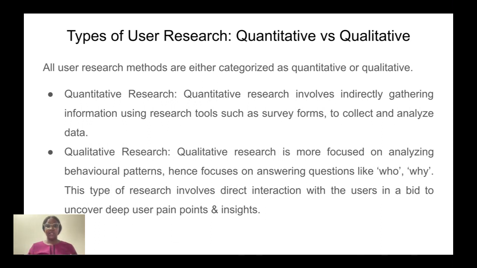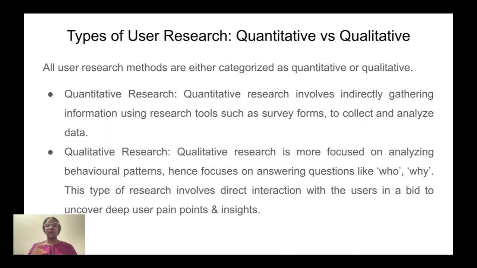There are different pools that you can conduct quantitative research in, but just know that whenever you're sending out a form, a Google Form or a survey form, anything you are putting out to gather numerical data is quantitative research.